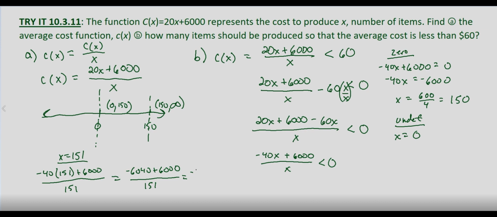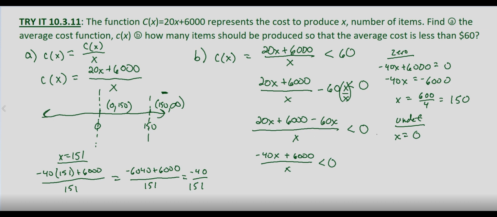So that equals negative 40 over 151. So it's going to be negative, which shows us that anything in this interval, from 150 units, not including, to infinitely many units, the average cost is going to be less than $60, because this inequality we set up is less than 0.